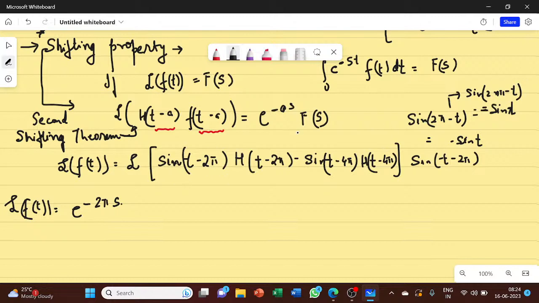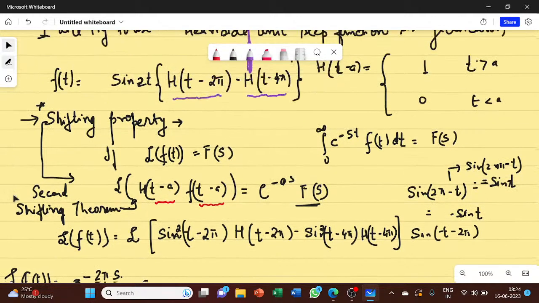What is this? F(s) is what? F is the Laplace transform of the function. What is the Laplace transform of sine? It is s upon s square plus... there was sin 2t, sorry, it was sin 2t, if I remember right.